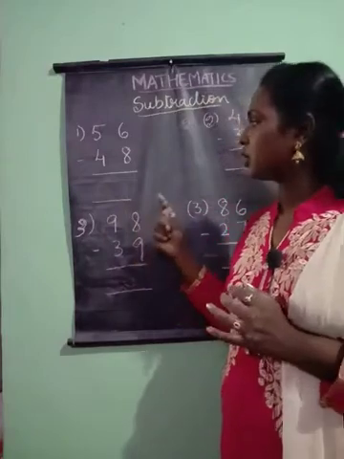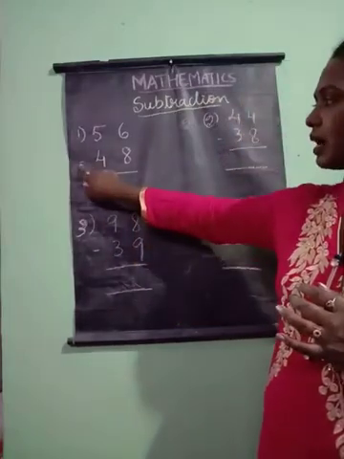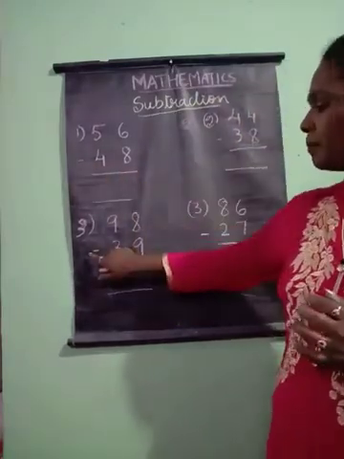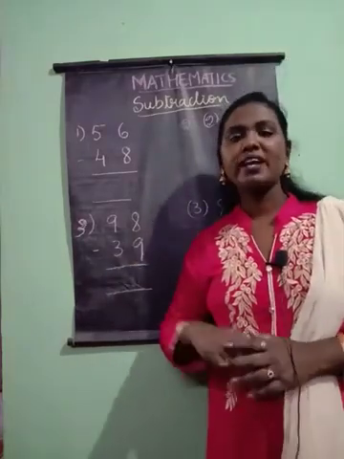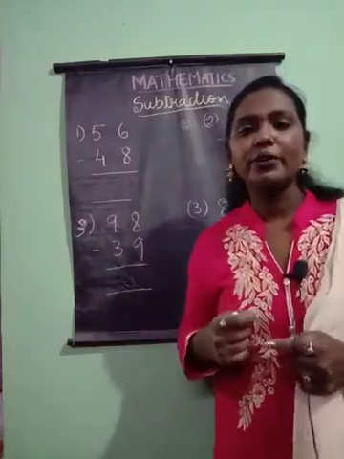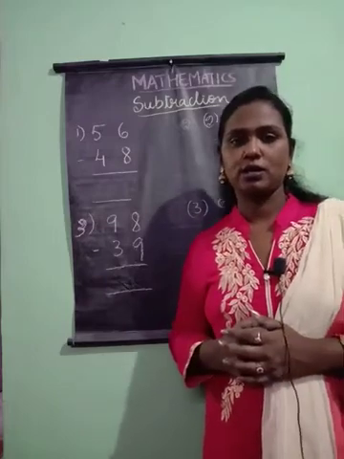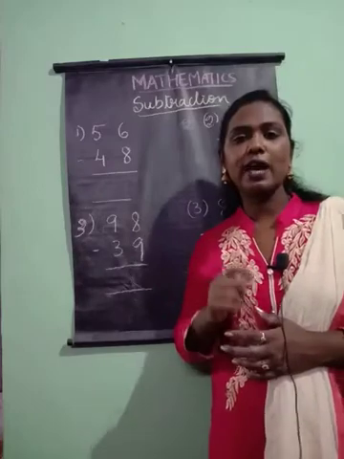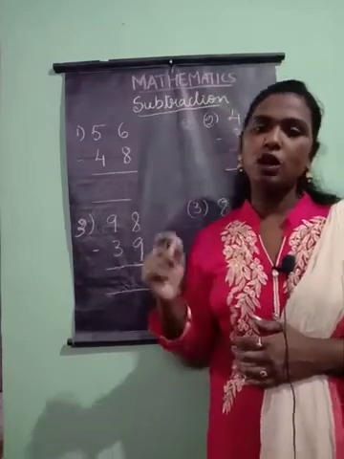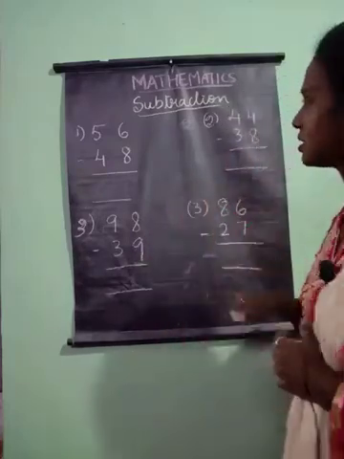Students, note that I have written a minus sign before each and every sum. It indicates that we are doing the subtraction process, right? If we write plus, it tells us we are doing addition. So always remember to mention that sign.